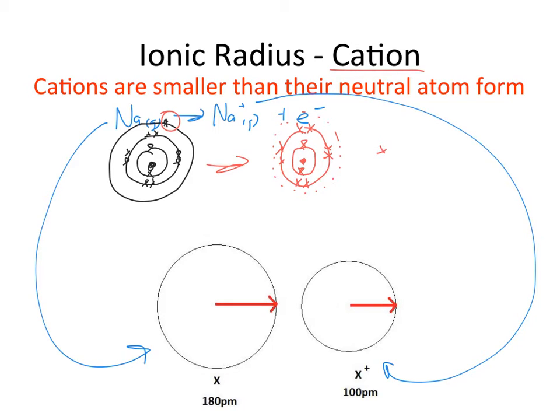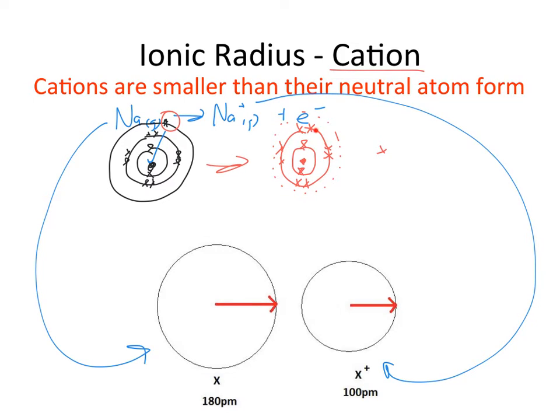So what has happened is, let's look at the amount of shielding that has changed. Here, when we were focusing on this electron, it had to look through this first level and this second level to get to the attraction of the nucleus. Now, if we pick any of these electrons here, well, notice that we don't have a 3rd energy level anymore. So that means we have to focus on one of these electrons on the inside here.